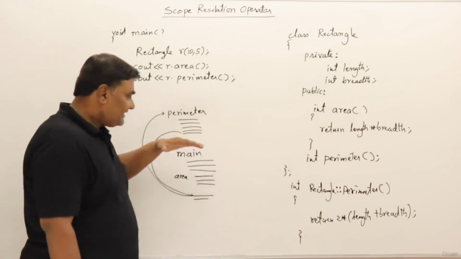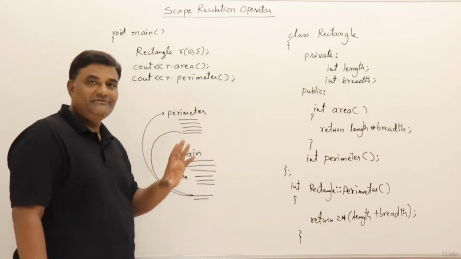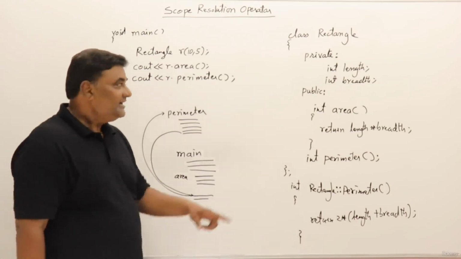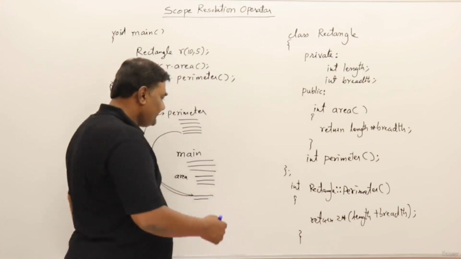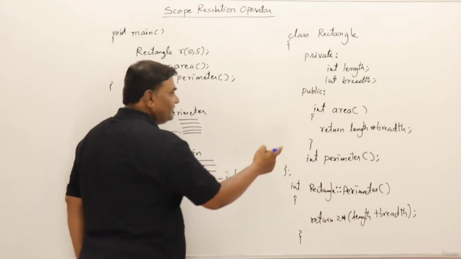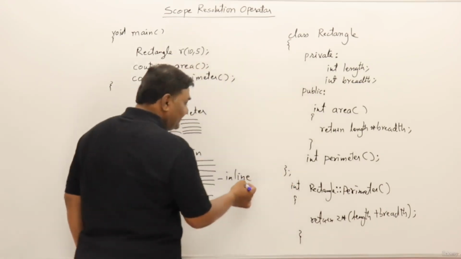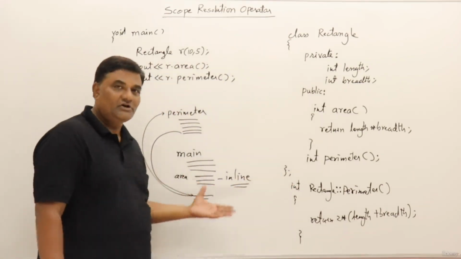If the complete machine code is written here, it's not a function now. It's a part of the main function only. So if you write the functions inside the class only, such functions are called inline functions. These functions automatically become inline. Their machine code will be replaced wherever the function is called.